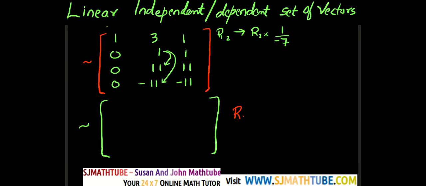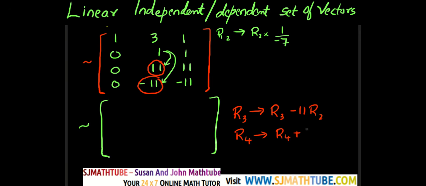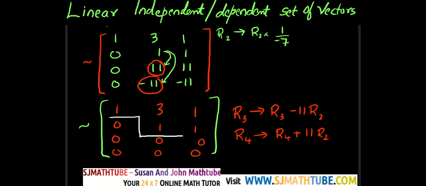I'll write the operation because my target is in R3 and R4: R3 changes to R3 minus 11 R2, and R4 changes to R4 plus 11 R2. I'm sure you know what's going to happen. It will be 0, 1, 1, and of course 0, 0, 0, 0, 0. So we end up in echelon form, and you can see that echelon clearly here.